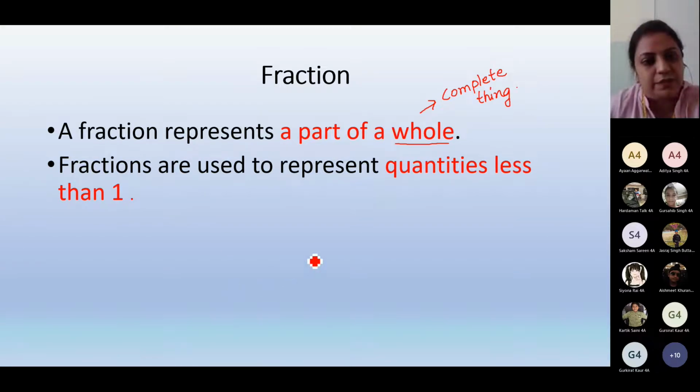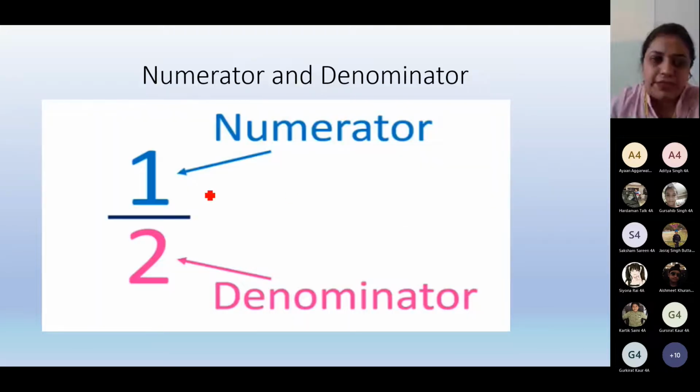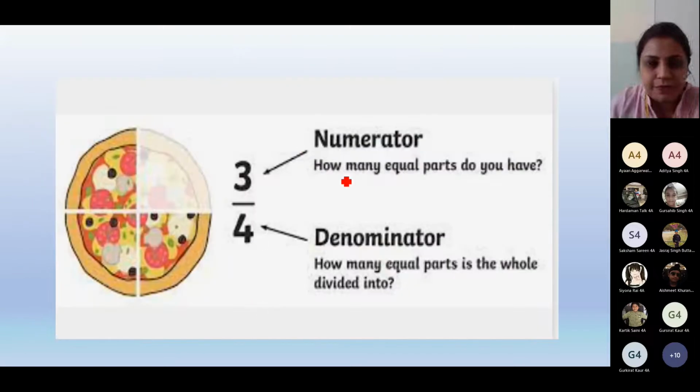And a fraction is used to represent quantities which are less than 1. Here the number above the line is the numerator and the number below the line is the denominator. The numerator represents how many equal parts we have and the denominator represents how many equal parts the whole is divided into.